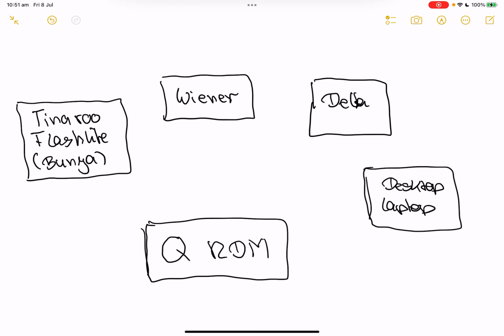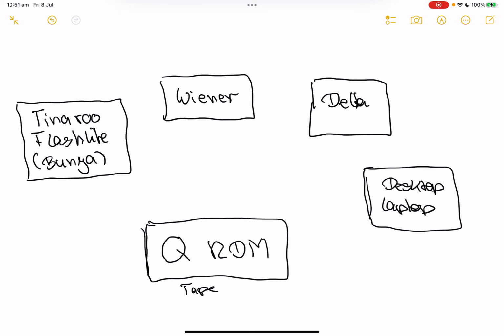Now, why is it important that you are aware of where you're accessing your Q RDM from? And that is because the Q RDM infrastructure is essentially tape. And to make access easy, and it sits out at a data center, so it's actually not located at UQ itself. And so to make access possible and faster, there is basically a set of disk in between the QRDM tape infrastructure and where it's accessed from.